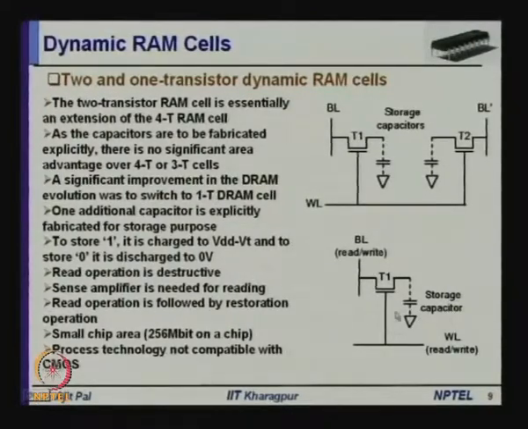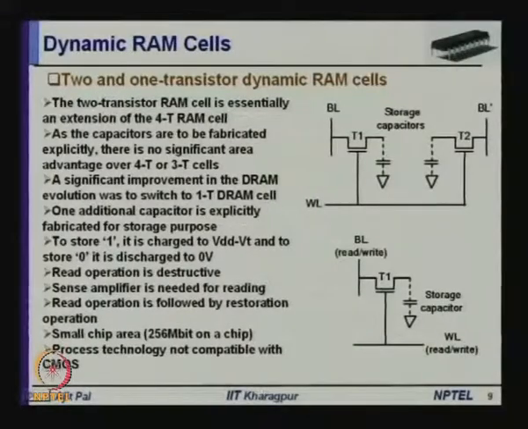This transistor is on, so this charge will be transferred, a kind of charge sharing occurs, and this capacitor is not isolated from the bit line. So, this is a kind of destructive operation.